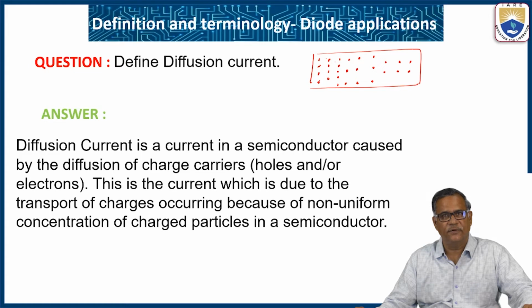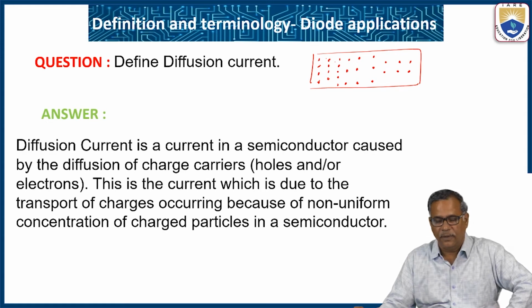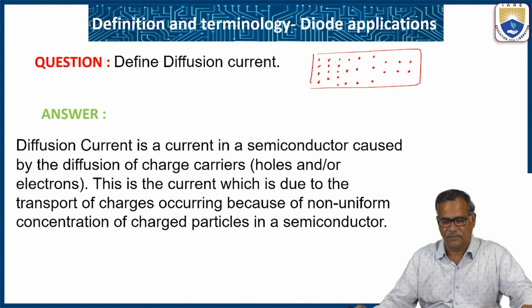It is a current in a semiconductor caused by the diffusion of charge carriers, due to the movement of charges because of the non-uniform distribution of charge particles.